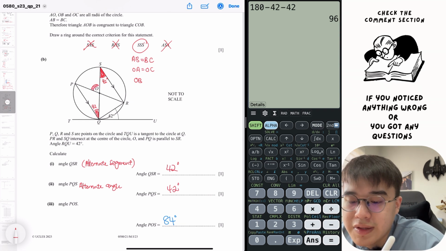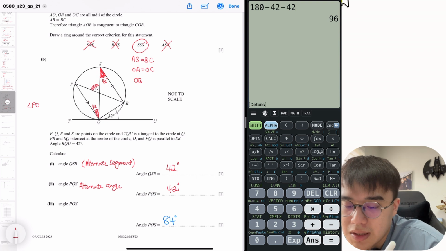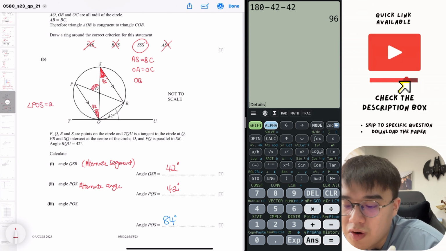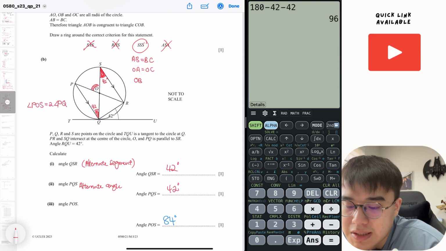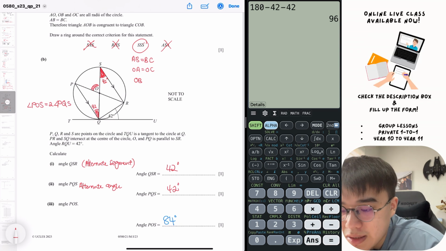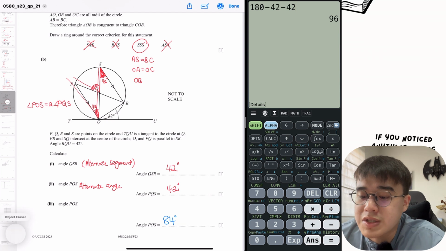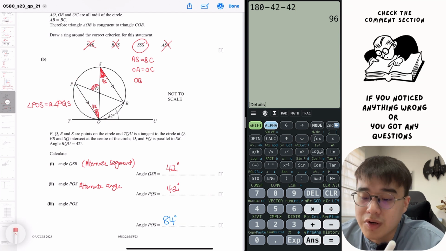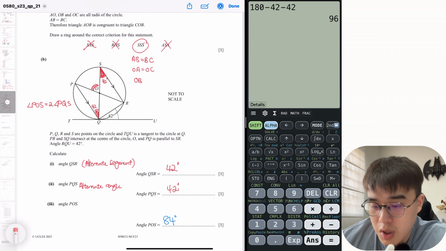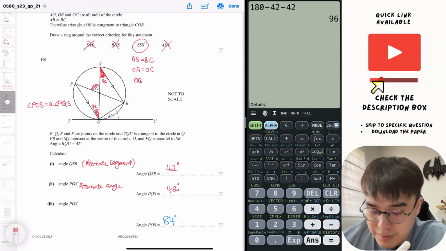So the angle from the center is POS here, and it will be twice the angle of PQS. Okay, center is here, then the outer part is here. So if you were to take the 42 and multiply it by 2, you will get 84 as well.